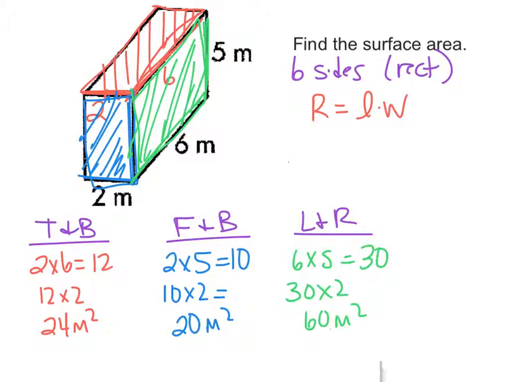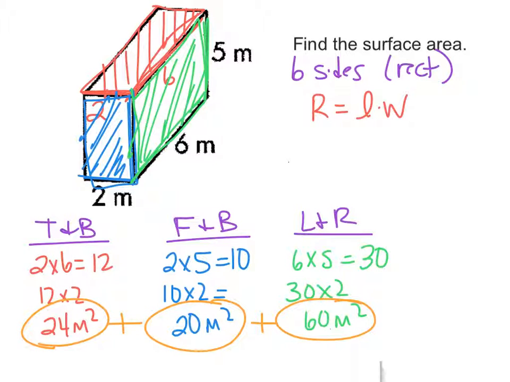So now to find the surface area of the whole thing, I need to add those together. So this is my top and my bottom, my front and my back, my left and my right. 20 plus 60 is 80, plus 24 gives me 104 meters squared for the surface area of this figure.